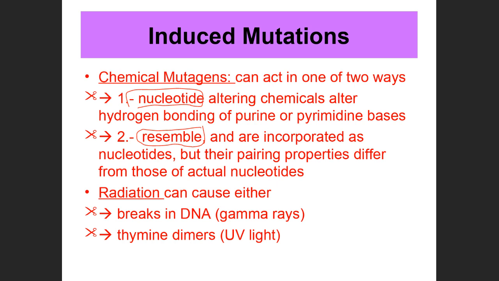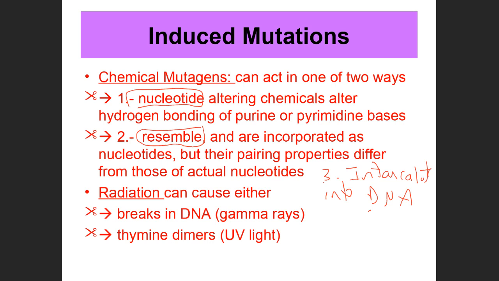The third way, which I don't have here, is what we call intercalating agents. The chemical intercalates, inserting itself into the DNA. This is different from the second way in that they intercalate not as nucleotides, but as molecules that are going to completely distort the DNA.